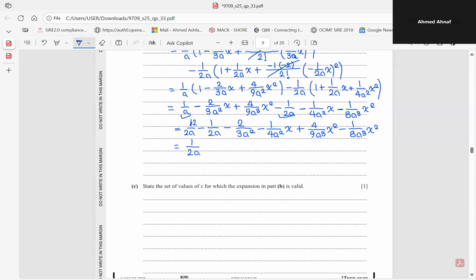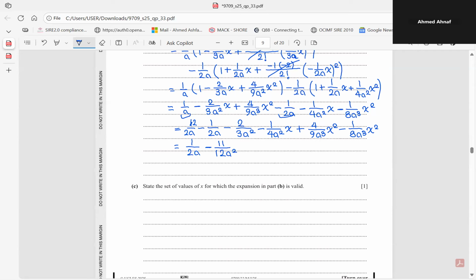And then this one, you can just take out the minus 1 over a squared. So that's just 2 over 3 plus 1 over 4. You get 11 over 12. So minus 11 over 12a squared x. And then for this one, it's just 4 over 9a cubed minus 1 over 8a cubed.